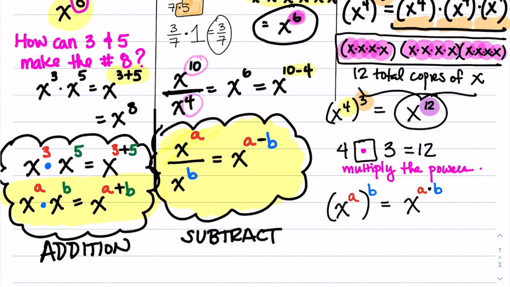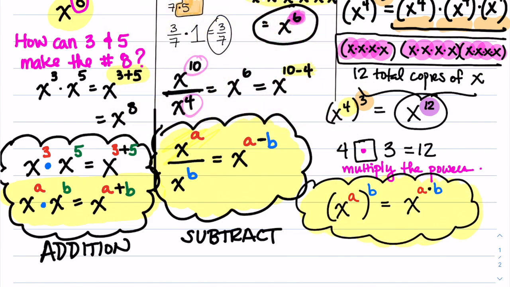And this is your power rule. When you have a power to another power, you're going to go ahead and multiply the two together.